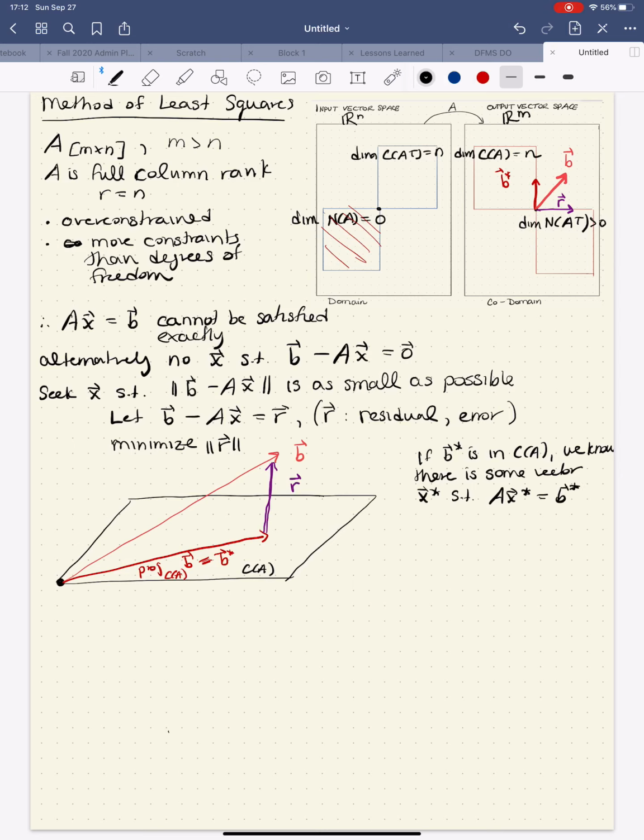And this should not be surprising. Notice that the dimension of the null space of A is 0, so really any vector will do. So we'll call this vector x star. And through the transformation A, we can map this point x star to this point right here, b star, using the transformation A. So x star gets mapped to b star.